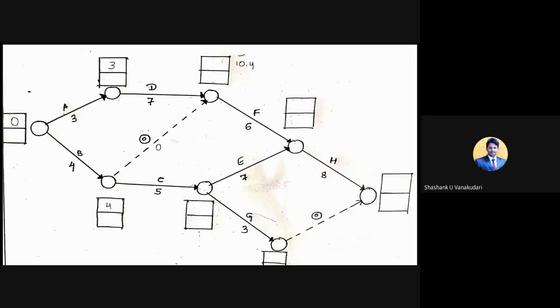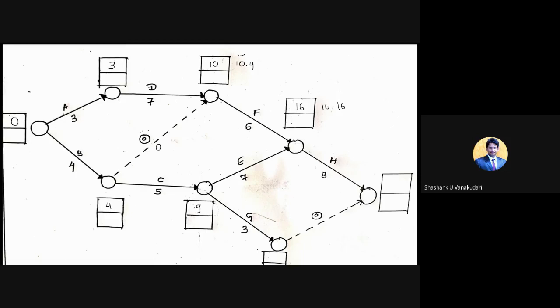I am writing it here. Okay, and now here 4 plus 5 will be 9, and then 9 plus 7 is 16, and I am writing 16 separately because one more will come, that is 10 plus 6, 16. In this you can consider the maximum, and both are the same here, so I can write 16 only.